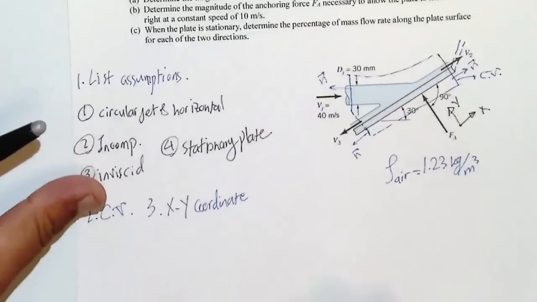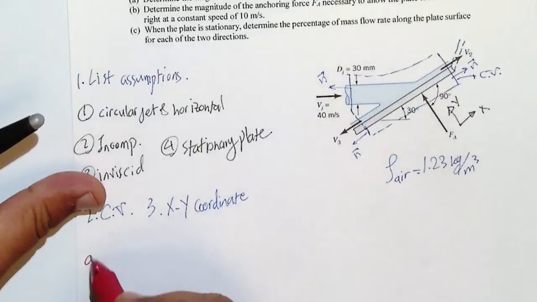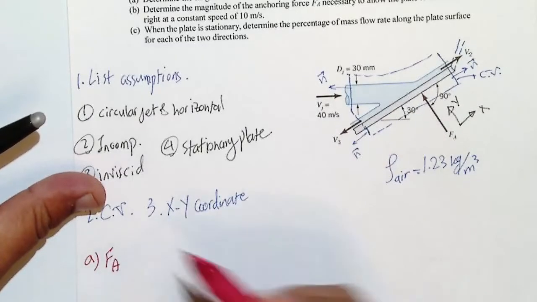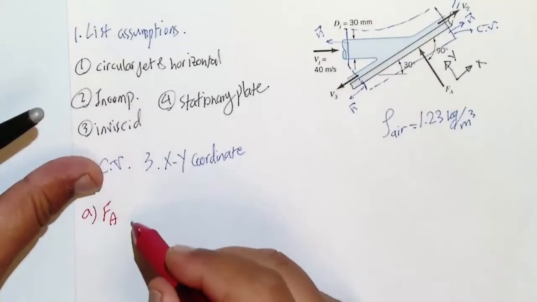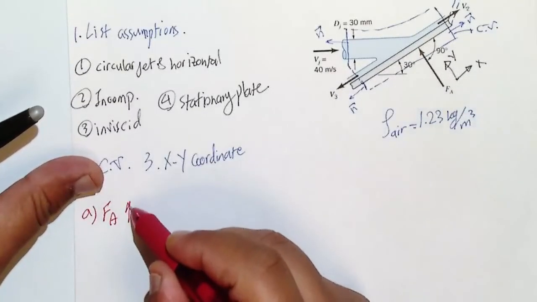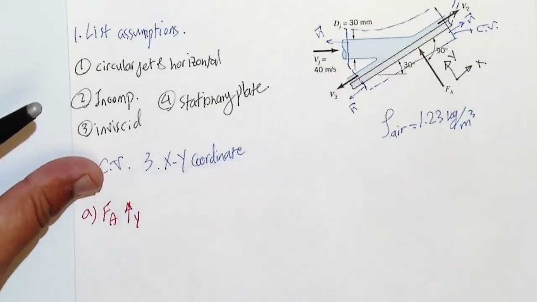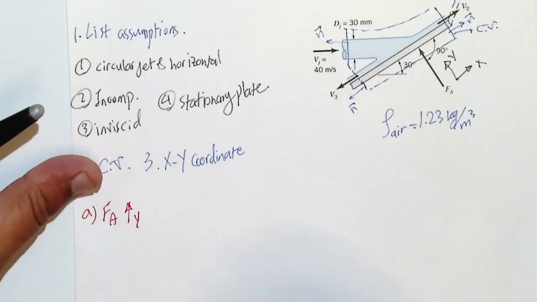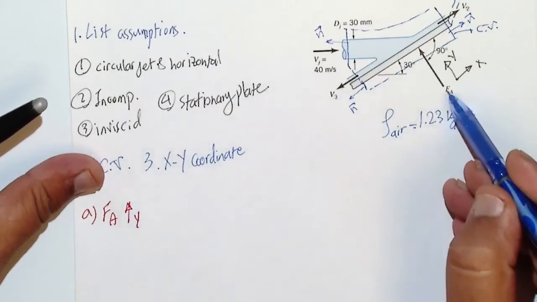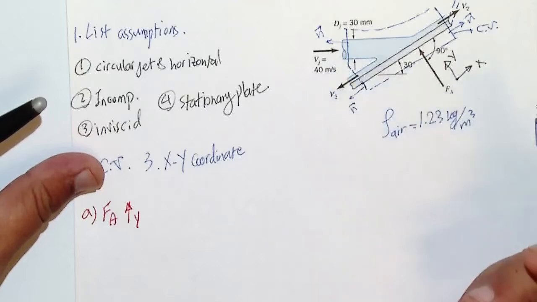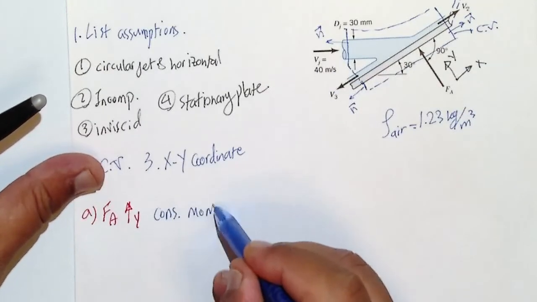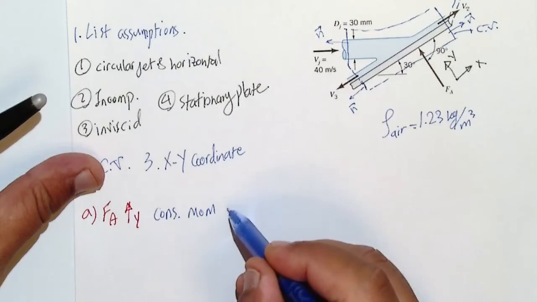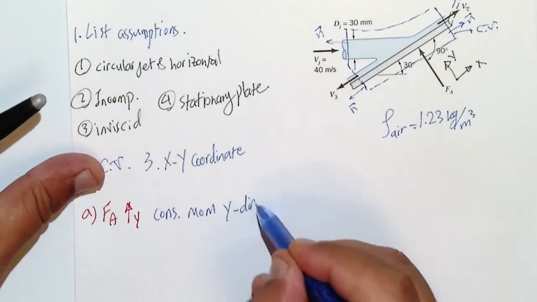You are going to find Fa. Okay, so part A, find Fa if the sigma F is equal to 0, right? So Fa now is upward, in Y direction, so it's positive. So what else? If you are going to find it out, you need conservation of momentum, in Y direction, right?